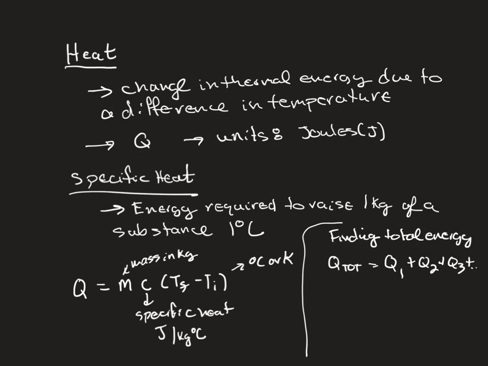And you would sum them together in order to find the total energy change. And this is very similar to the concept of when we were dealing with work, we added together work non-conservative plus work conservative to find the total work done. So we're just splitting it up based upon the substance because the specific heat of each substance is going to be different.